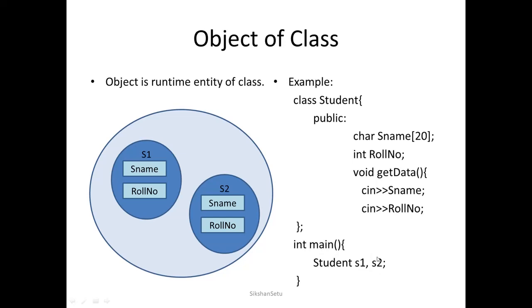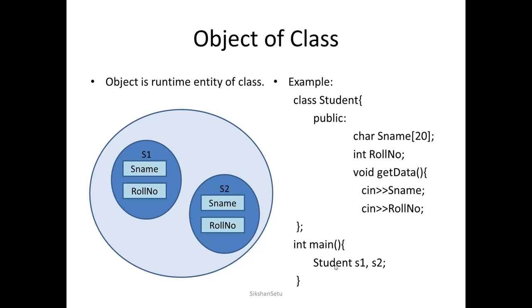We know that if I need to declare a variable a of integer type, I write int a. Here I am creating the objects s1 and s2 which are of student type. The data type is student, so I have written student s1, s2, meaning s1 and s2 are variables of student type, and since these are variables of a class, they are known as objects.